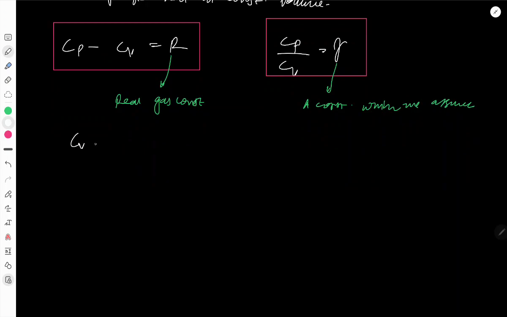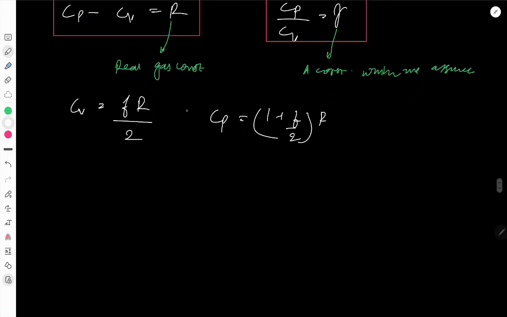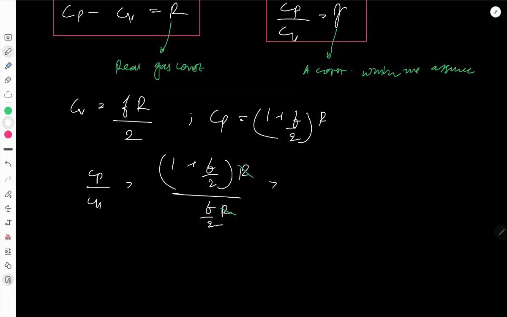So Cv is f by 2 times R, then Cp becomes (1 plus f by 2) times R. So if we do Cp by Cv, I'm writing (1 plus f by 2) times R upon f by 2 times R. So this R gets cut, and now it remains 2 by f plus 1, equals gamma.